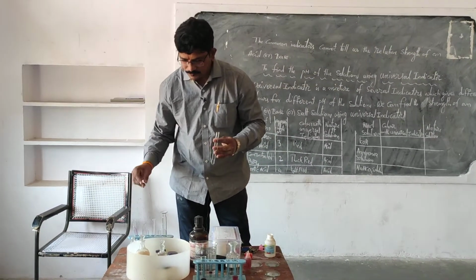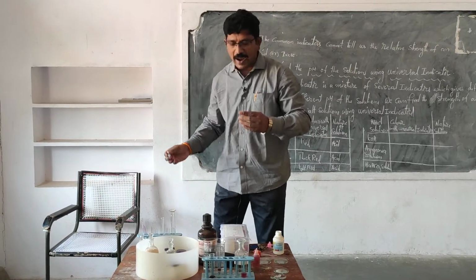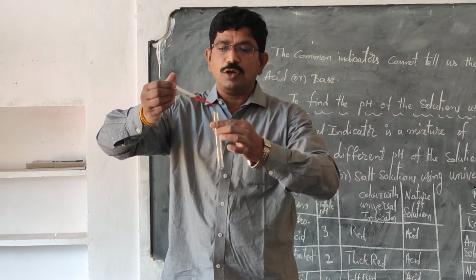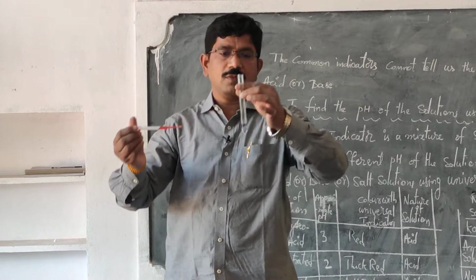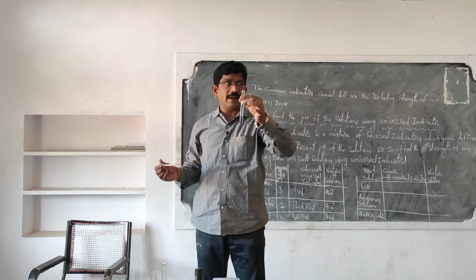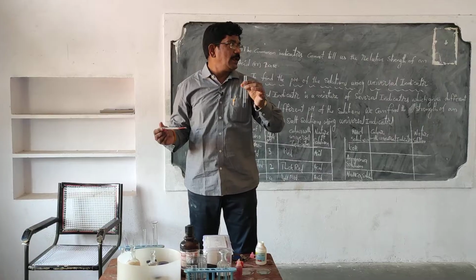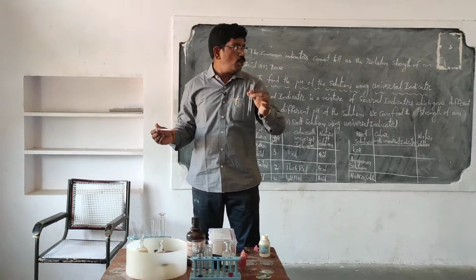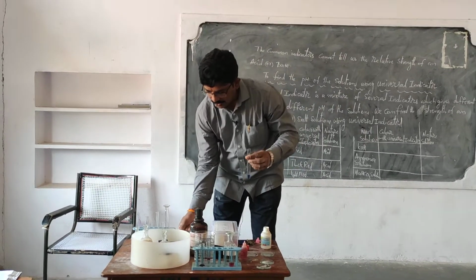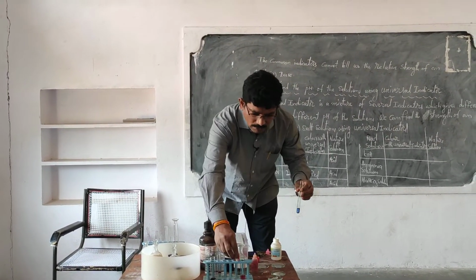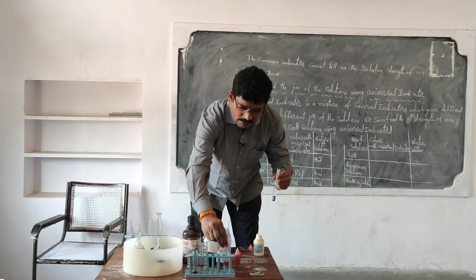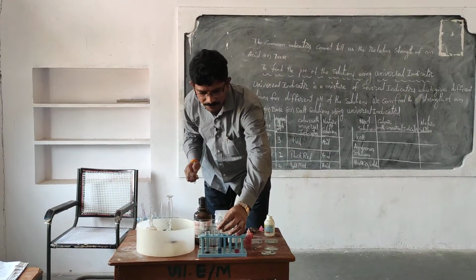Now observe this. What am I doing? I am adding universal indicator. You only have to tell the color. Blue, sir. Okay, blue, but so many blues are there. That is the specialty of universal indicator. It gives different colors: thick blue, dark blue, light blue. You have to observe this. See, I kept it here.